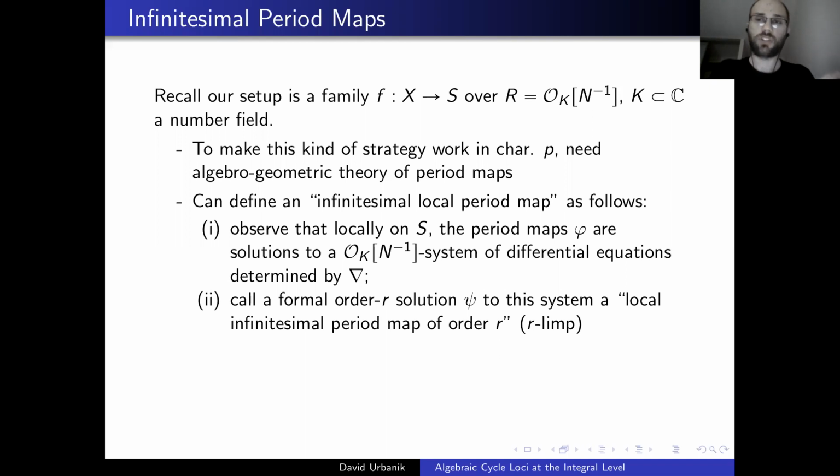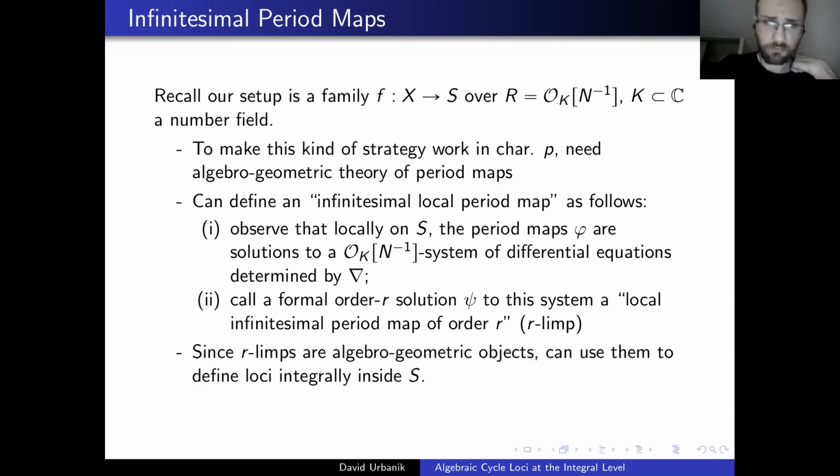By a formal solution, I just mean that instead of taking a full power series solution, you truncate it at order R, and R is always going to be smaller than the characteristic we're considering. These maps are ultimately algebraic geometric objects because they're just formal maps, and we can then use them to define some loci integrally inside the base.